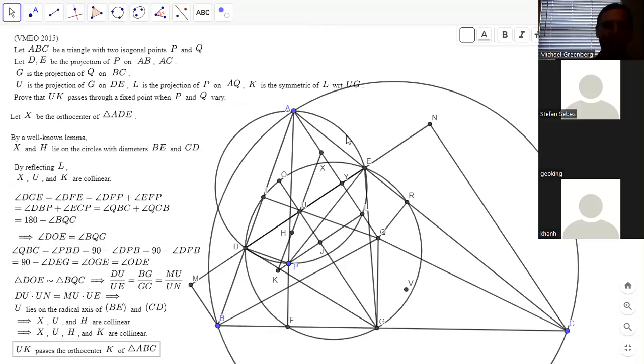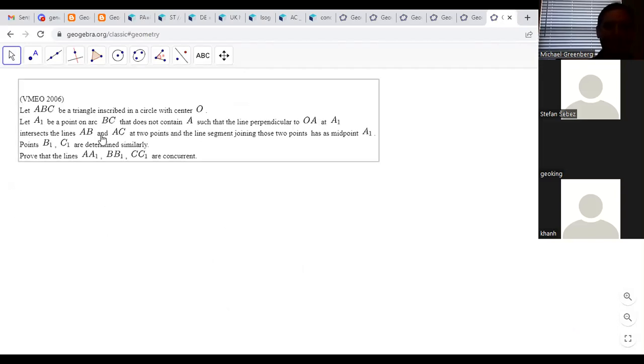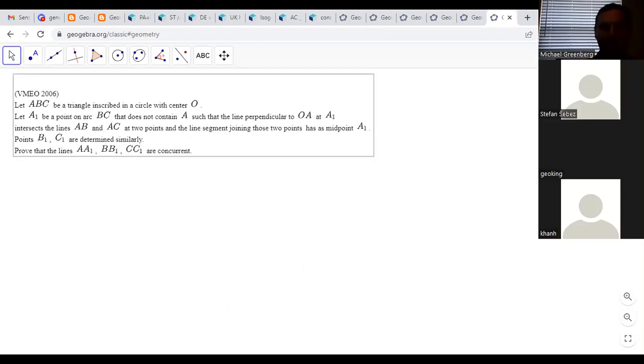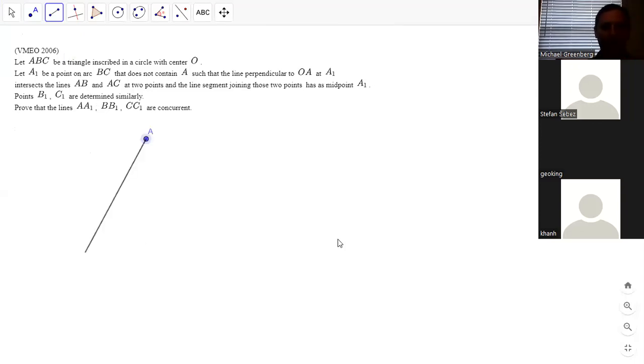Okay, so we have like 7 minutes left, probably enough just to look at another problem. This one could be really easy. So this one was all the way back in 2006. We probably won't solve it, but it's kind of interesting actually just figuring out how to construct the diagram.